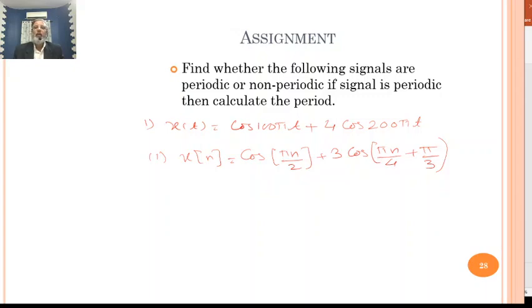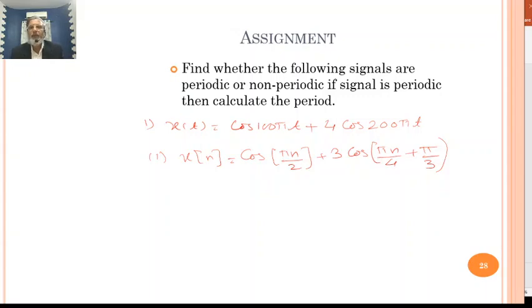Then we discussed the continuous time signal and the discrete time signal. Continuous time signals are continuous in time as well as continuous in amplitude. Discrete time signals are discrete in time and continuous in amplitude.